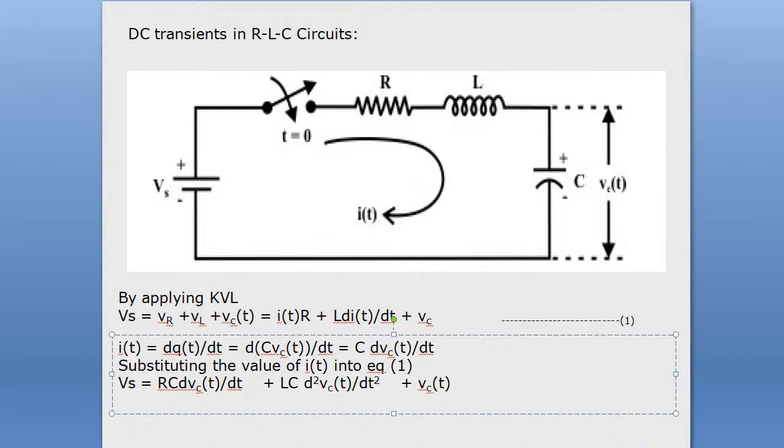So we can take C outside of the derivative. If you take the derivative of C, you will get 0. You know d/dt of uv is u dv/dt plus v du/dt; if one term is constant, you get only one part. According to that approach, we have written I of t equal to C dVc(t) by dt.